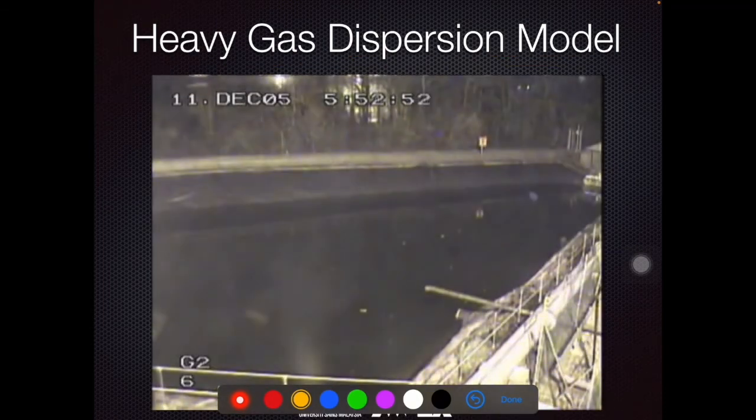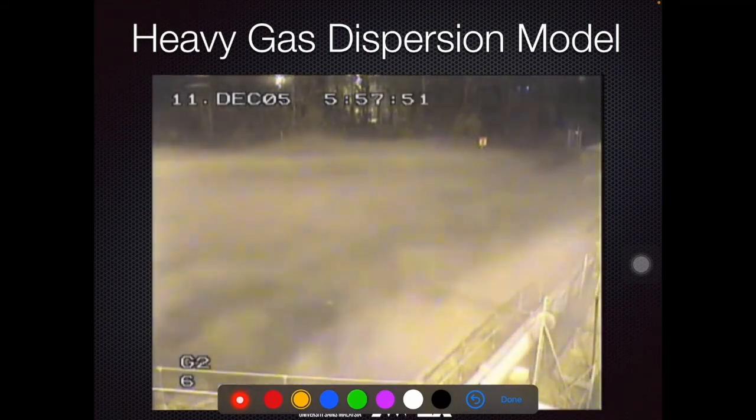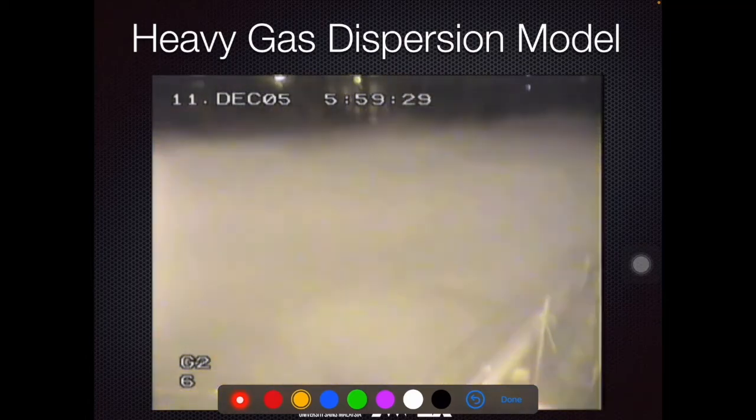This video shows an example of a heavy gas dispersion. As you can see here, the gas is moving down at the lower side. However, if this gas is flammable and there is a source of ignition, all of this gas will catch fire and explode.